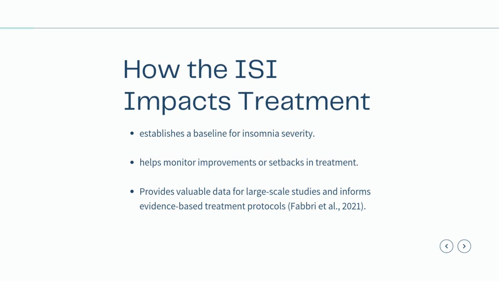By regularly reassessing insomnia severity with the ISI, healthcare providers can determine whether a patient is improving or if their treatment plan needs to be adjusted. And then in research, the ISI is widely used in studies examining the efficacy of different treatments for insomnia. It provides a standardized way of measuring outcomes and contributes to the development of evidence based guidelines for managing sleep disorders.